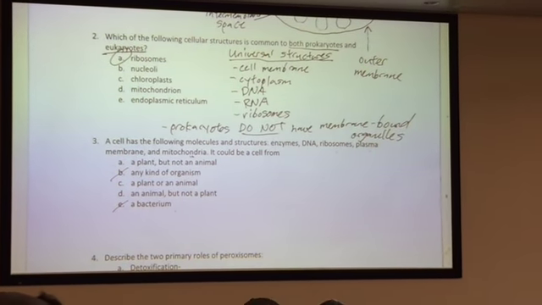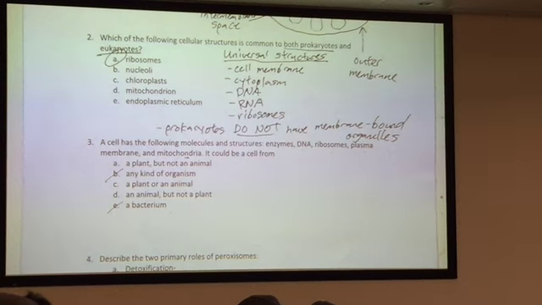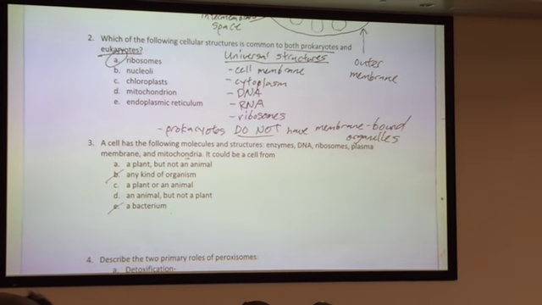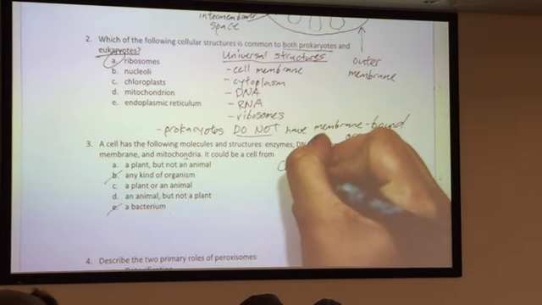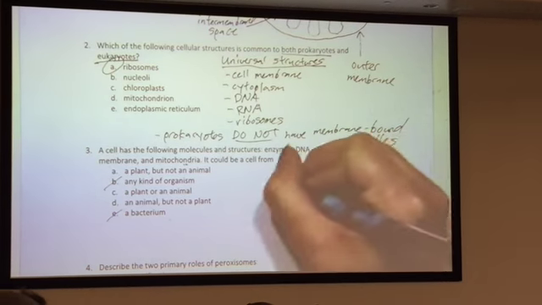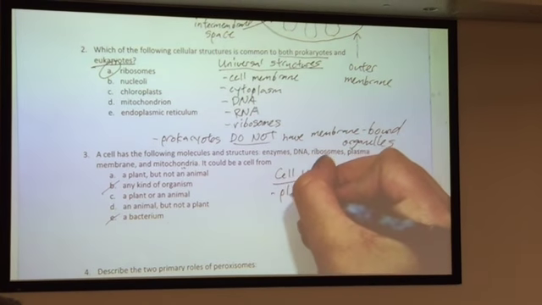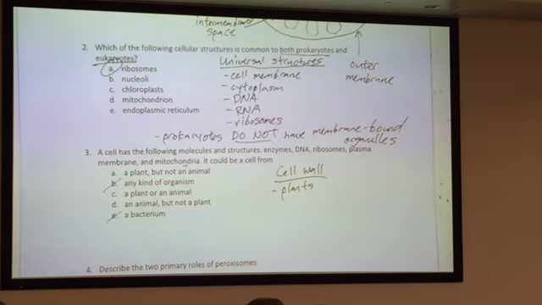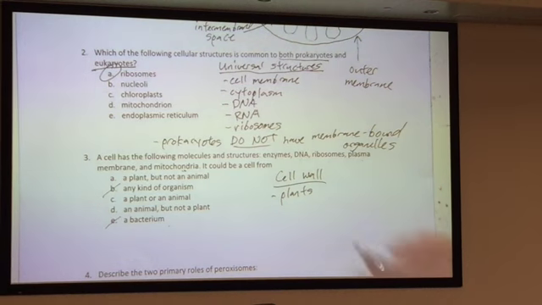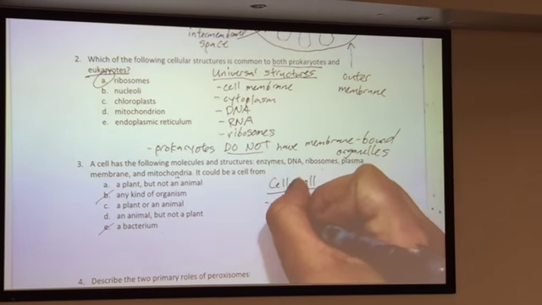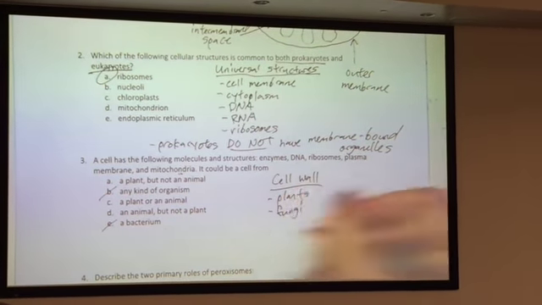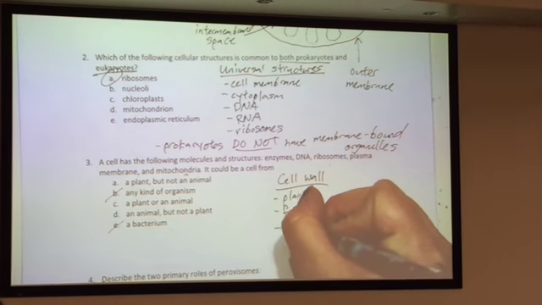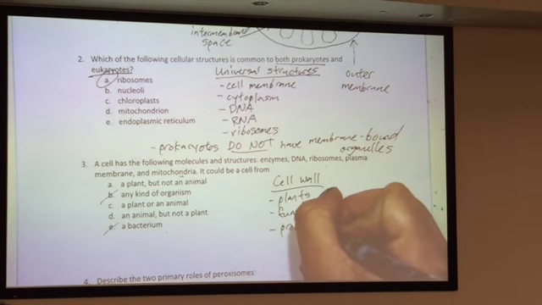Not 100%. So the question was, are plants the only ones with cell walls? I guess we can make a little list here. Cell wall things. We have plants. I don't know to what extent you're going to need to know these, but we'll throw it on here just in case. There's plants, there's fungi, and then there's prokaryotes.